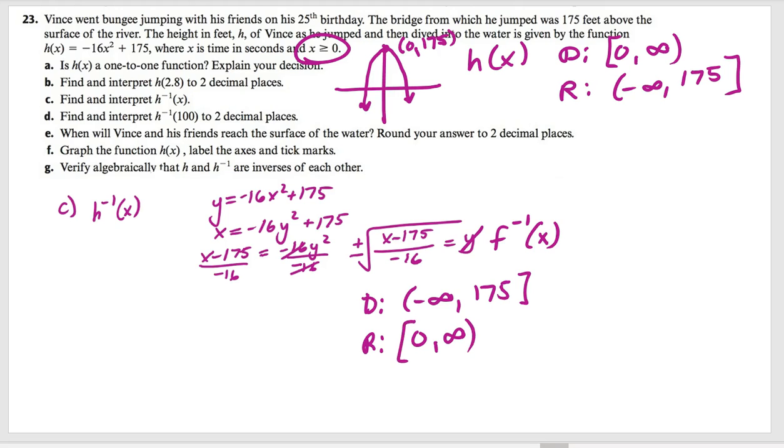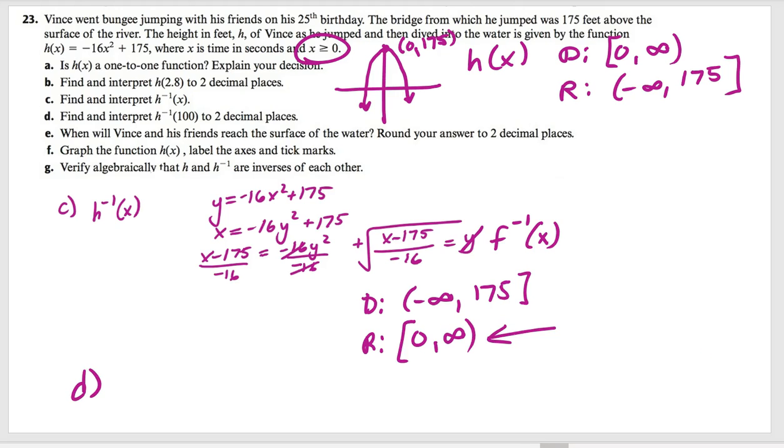This will also keep me from having a radicand that's less than 0. So you can see now I'm only going to use the positive side, because my range is only going to be positive values. So my inverse, notice, I'm only going to use the positive values.